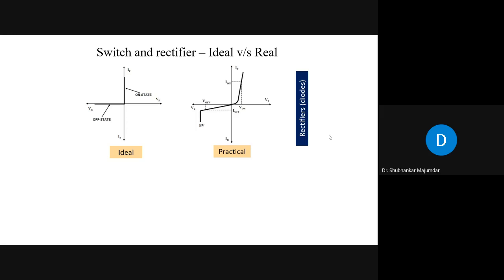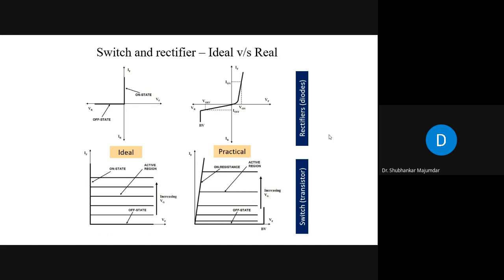Only when the drift diffusion models are implemented can the current move. For that reason, this non-ideality behavior comes, and because of this non-ideality behavior, the power losses come.